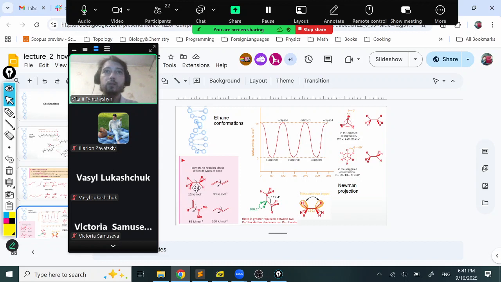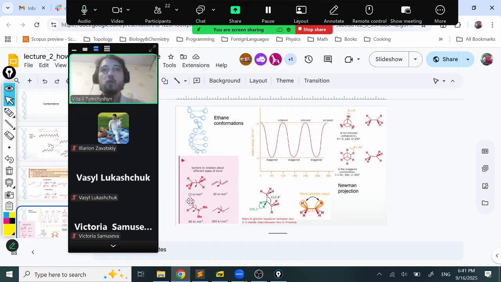For butane it's just 12 kilojoule per mole. For something more complicated it can be a little bit more, 30 kilojoule per mole. But probably you might guess that we have some sort of conjugation here, so you see two double bonds. So it's not so strange that there is some higher energy for this sort of rotation.